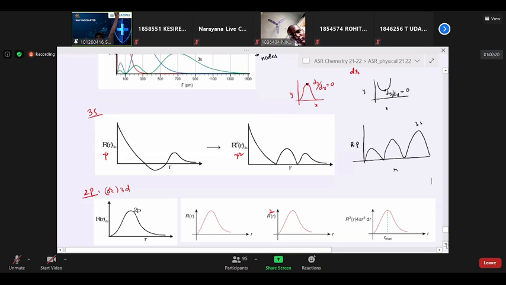That is for the S orbital. But for the P orbital, psi and psi square graphs always start from 0, including radial probability. So psi versus radius, psi square versus radius, radial probability versus radius, all are going to start from the nucleus only and from 0 only.